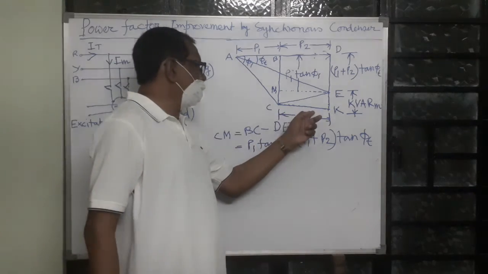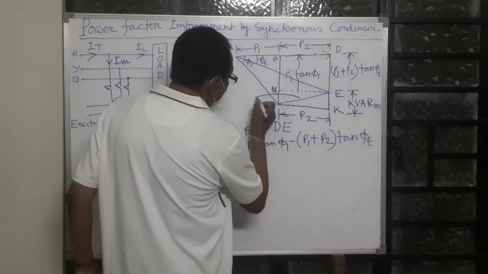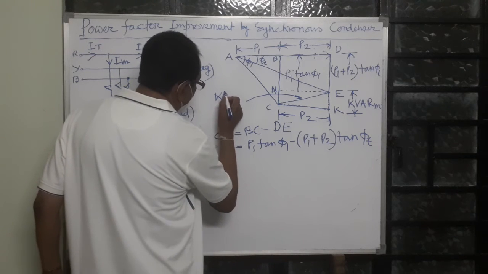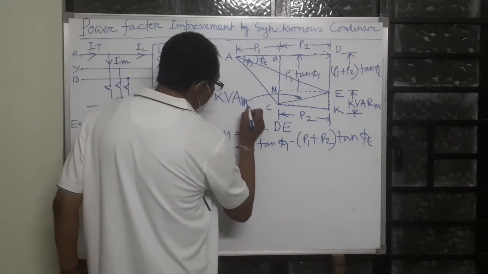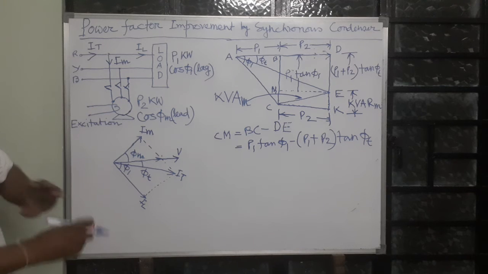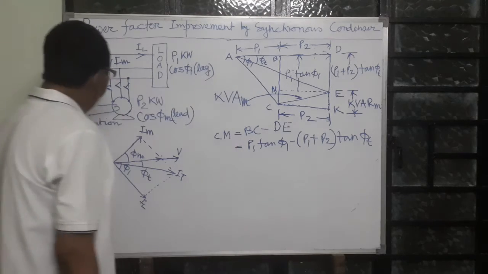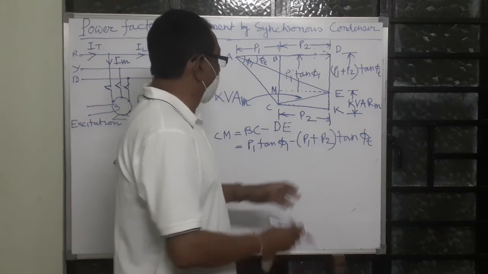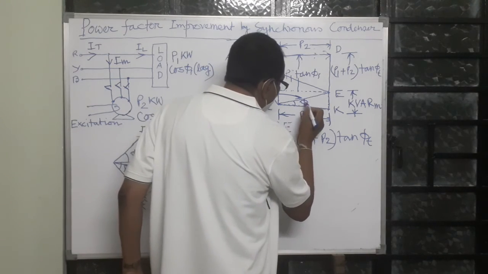So this is the active power, this is the reactive power. So CE is equal to kVAm, which means the kVA rating of the synchronous machine, and this is the power triangle of the synchronous machine. This is the active power, this is the reactive power, this is the apparent power. So this angle will be phi m.